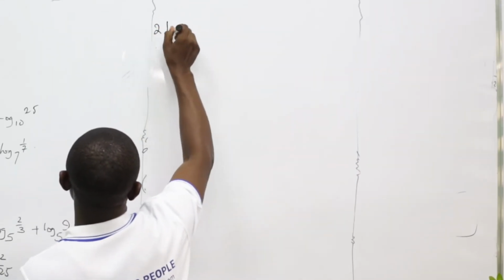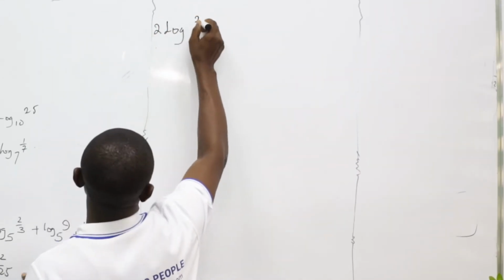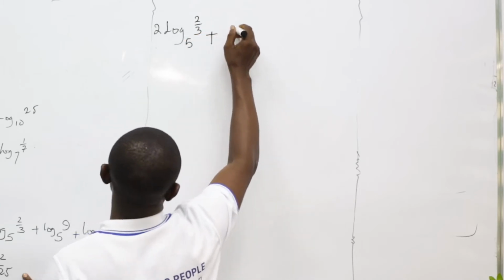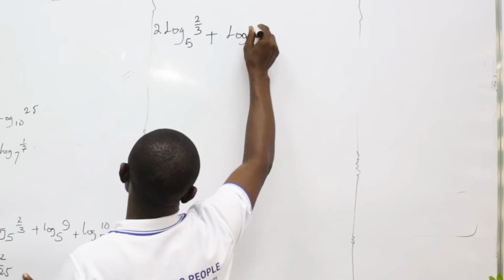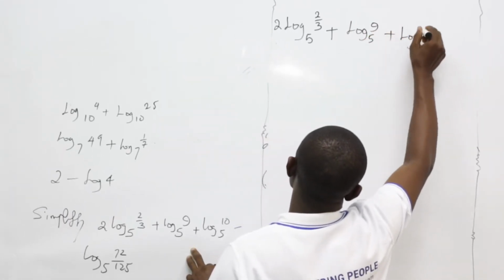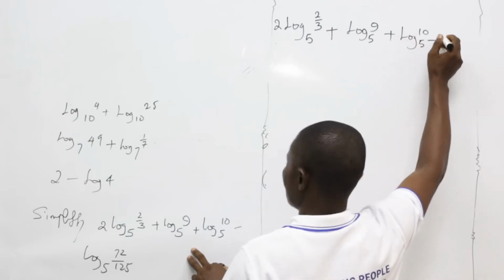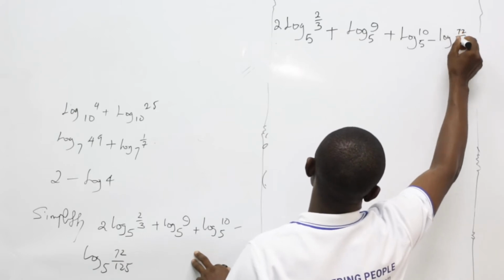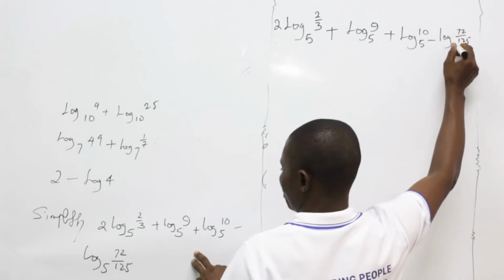Simplify 2 log 2 over 3 base 5 plus log 9 base 5 plus log 10 base 5 minus log 72 over 125 base 5.